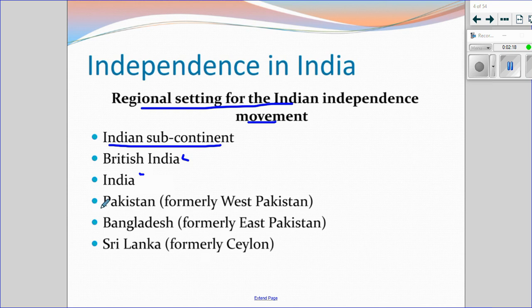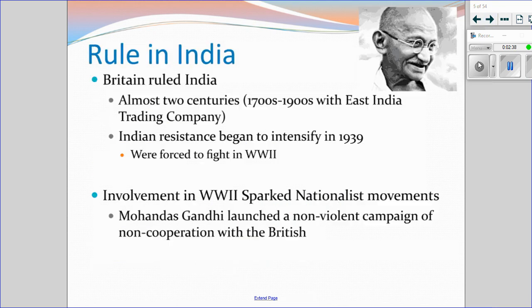Eventually, there will be a partition when the British leave, and Pakistan will be formed, as well as Bangladesh and Sri Lanka. Make sure you take note that Pakistan was formerly West Pakistan, Bangladesh was formerly East Pakistan, and Sri Lanka was formerly Ceylon. Okay. So the British ruled India.